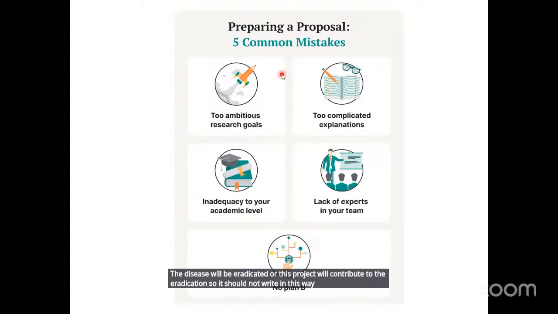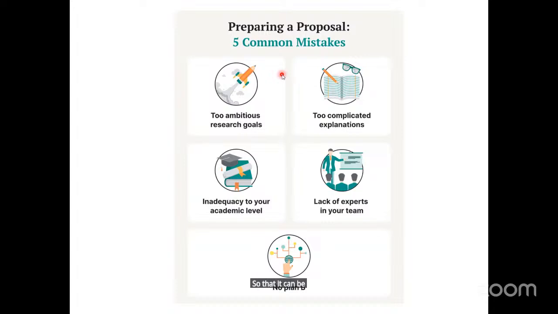We can write that this can add a new dimension to the existing knowledge of the domain or to our understanding, so that it can be utilized further, or it can provide a foundation for further research.